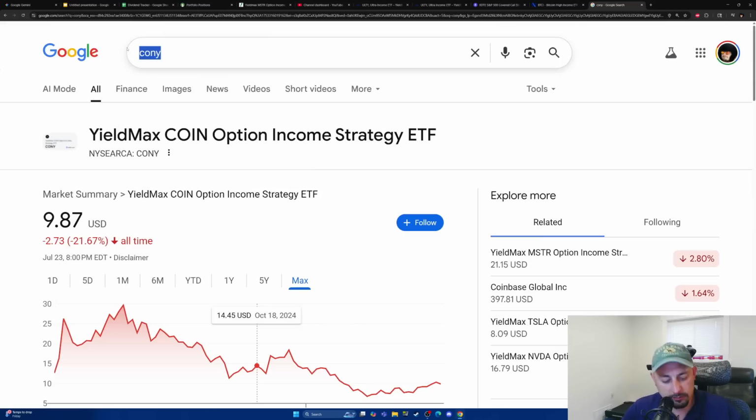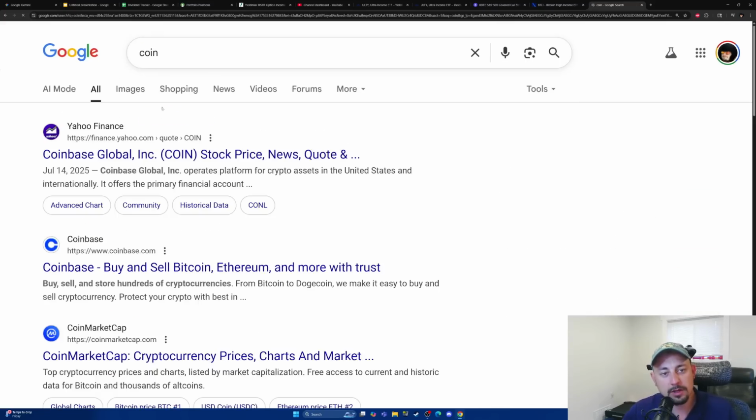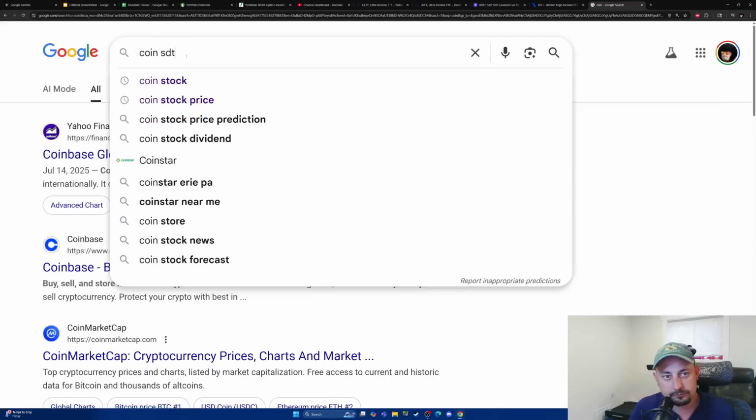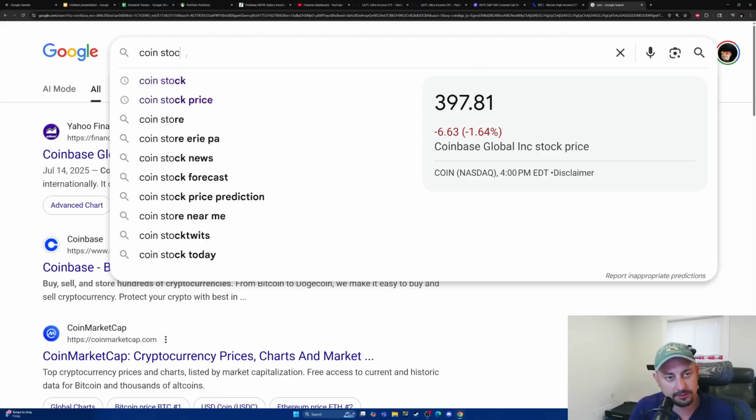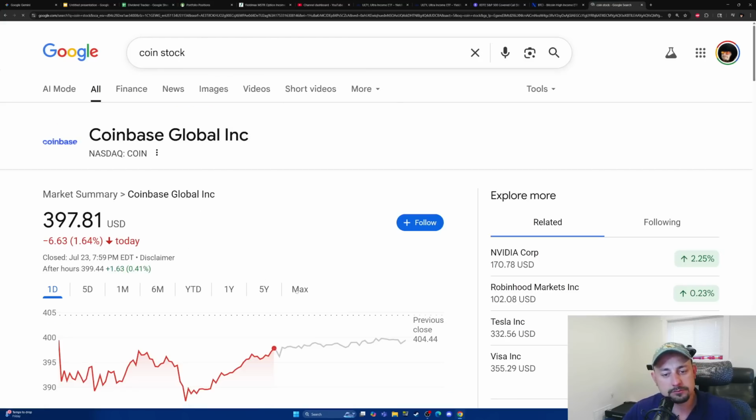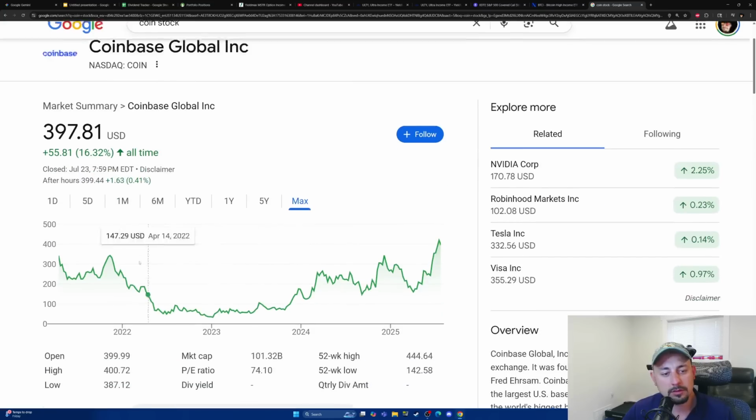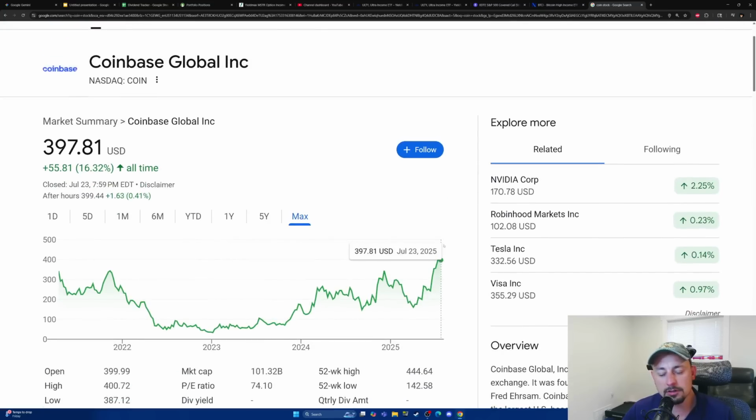Well, look at COIN, right? COIN is the underlier. Okay, COIN stock. Look at this thing. This chart is so different from the CONY chart. I don't even understand what the logic is here. But look, we were just at the peak. Okay, what's going to happen? How much of a pullback are we going to have? Look at this last pullback, folks.